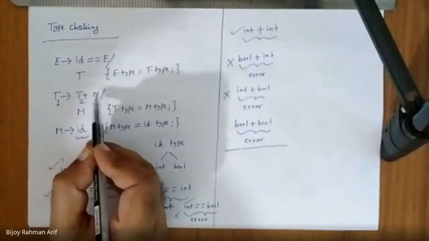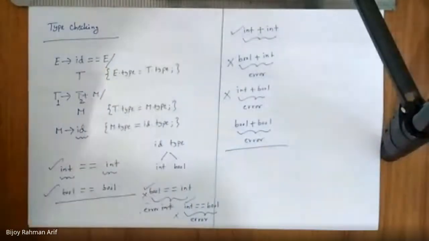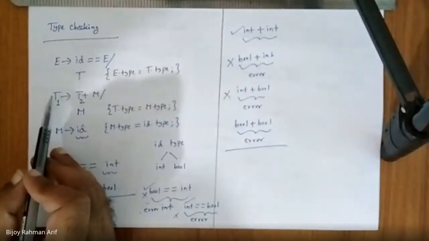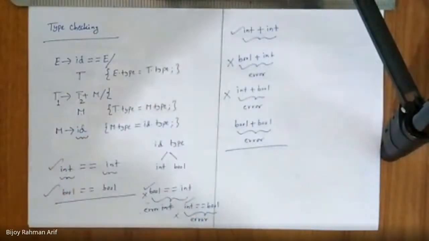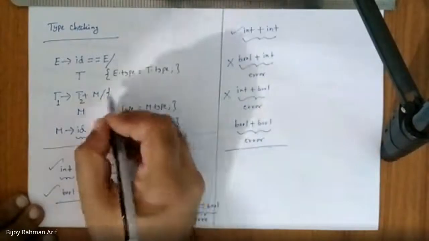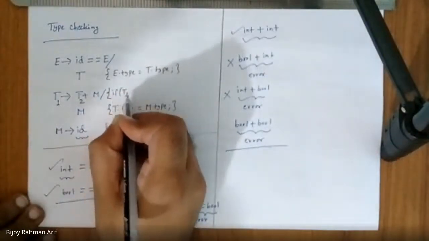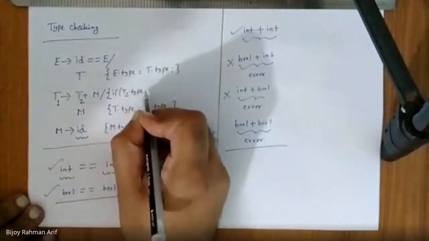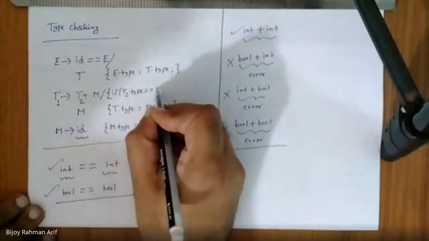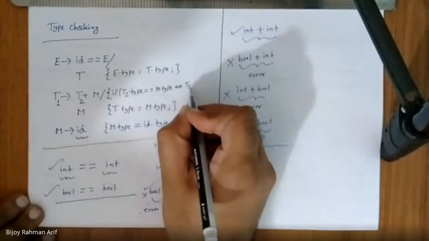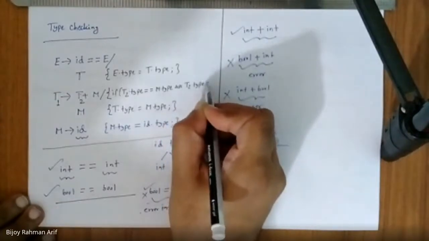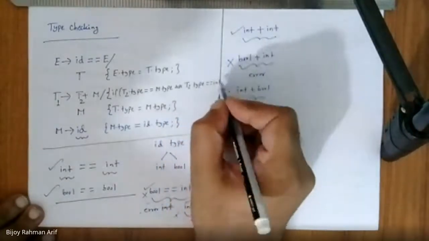Whenever T and M both are integer, that time T is integer type, that is the only valid case. Otherwise, it would be an error. So how can you write that? If T2 dot type equal to M dot type and T2 dot type equal to integer, then T1 dot type equal to integer.